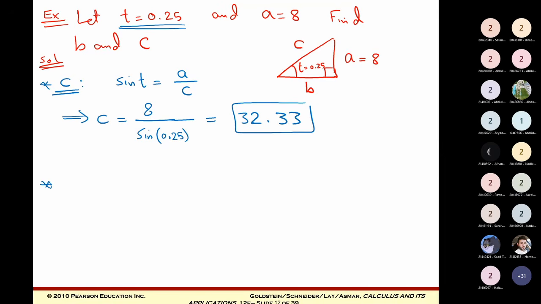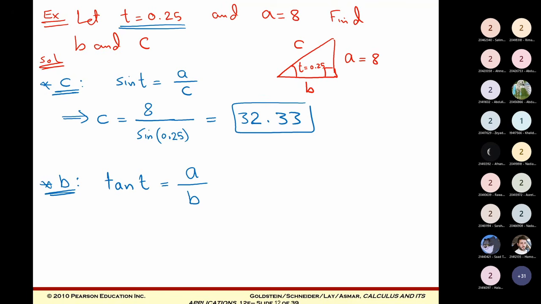Now to find the value of B, using what? Sine or cosine or tan? Which one do we use? Tan. Because t is given, and tan of t equals A over B, and A is given also.